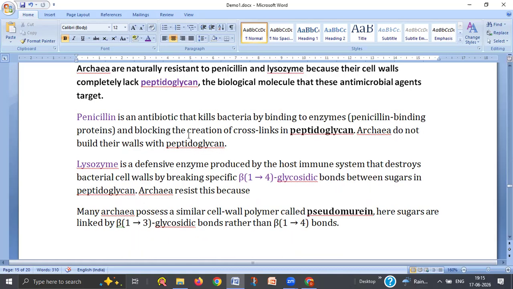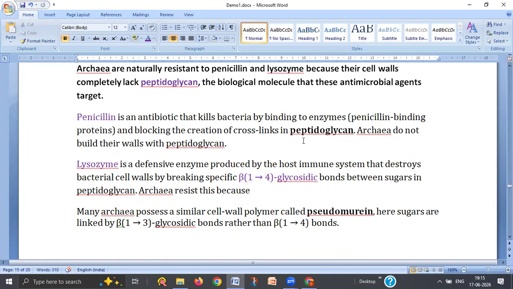So how does penicillin act? It blocks the creation of the cross-links in the peptidoglycan, because peptidoglycan is synthesized by the cross-linking between NAM and NAG. So penicillin prevents the cross-linking. So it prevents the formation of the peptidoglycan.